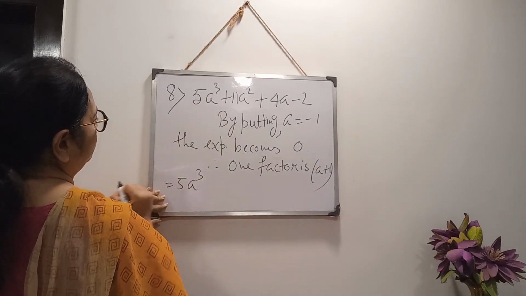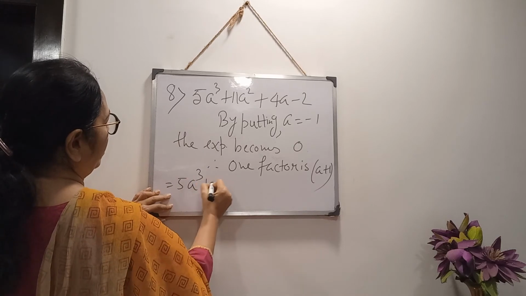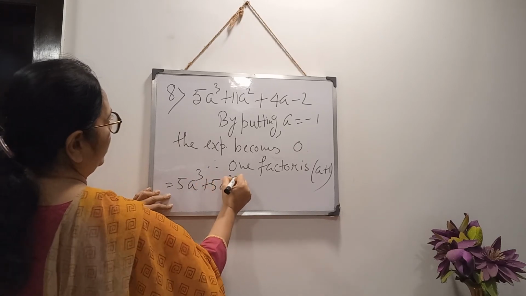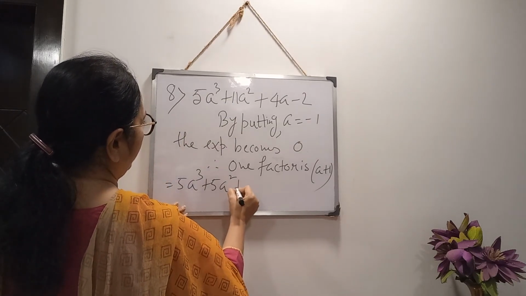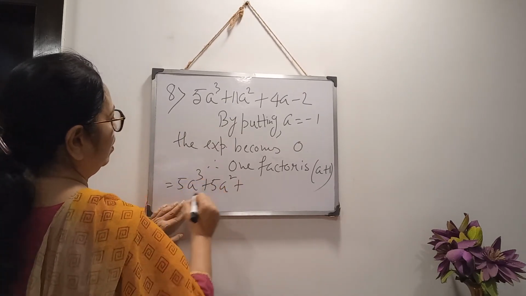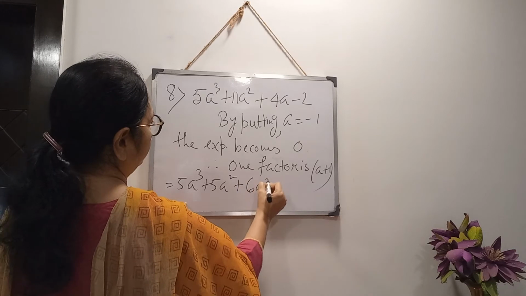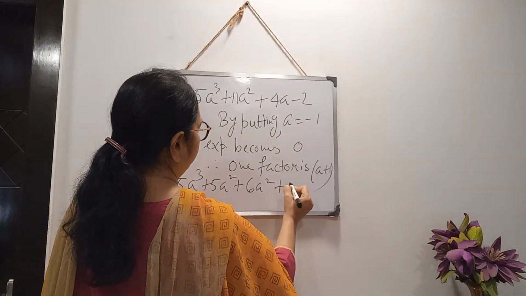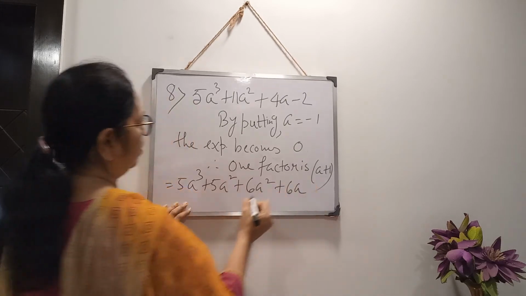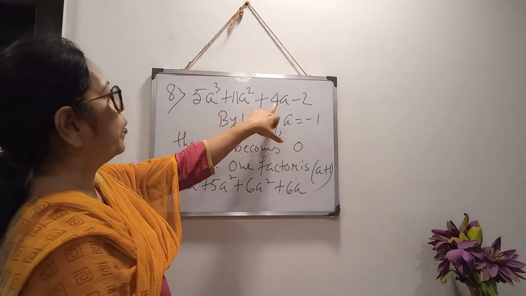Now it is easier. 5a cube, a plus 1. So 5a square. Clear? But there is 11. So I have taken only 5. So 6a square adjusted. Clear? Then 6a. But there is 4a.